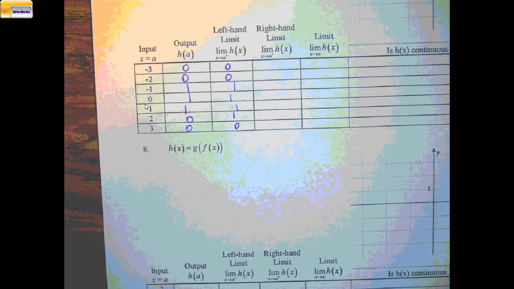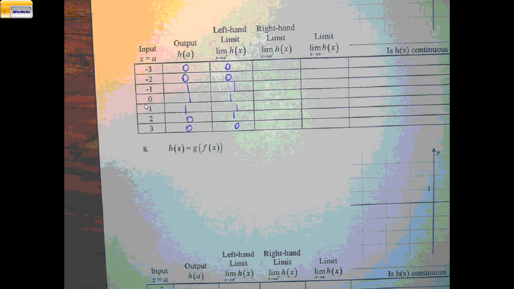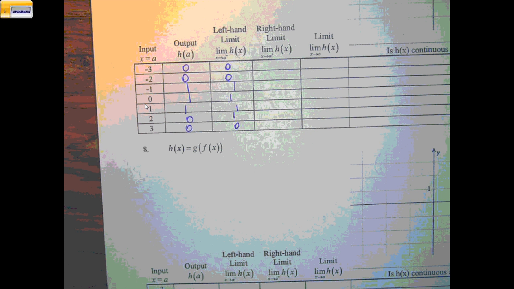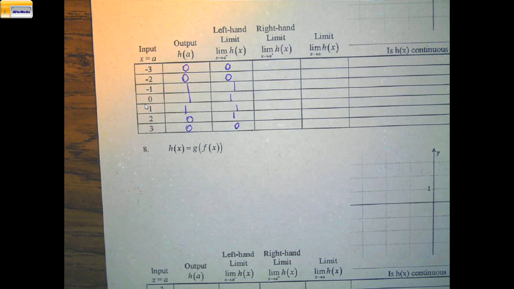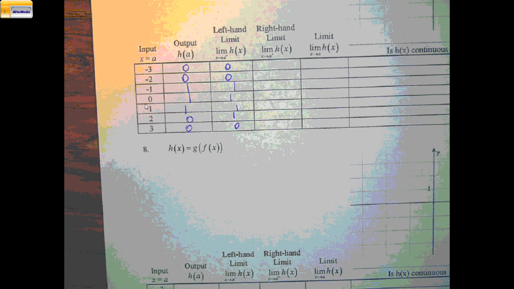Your column should match mine when you're finished. The right-handed limits work the same way. Go ahead and do that column as well.